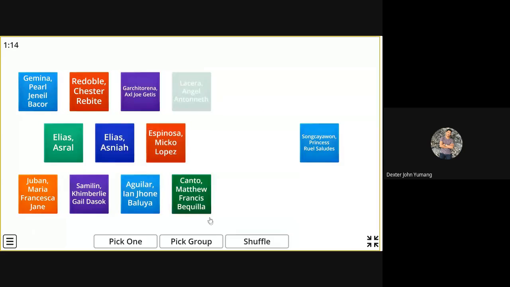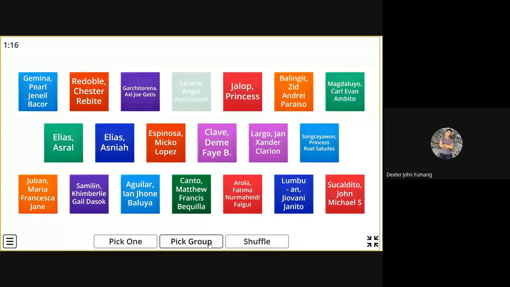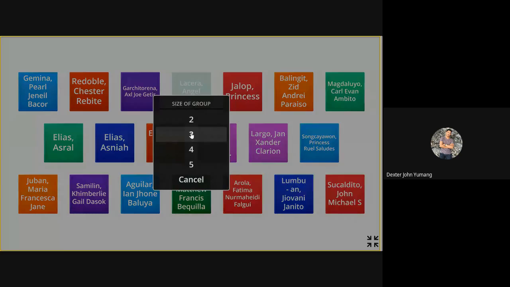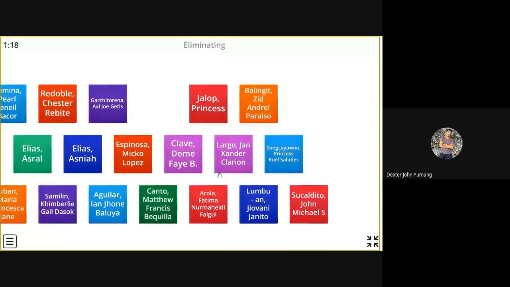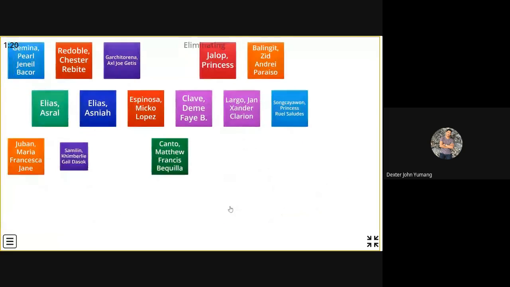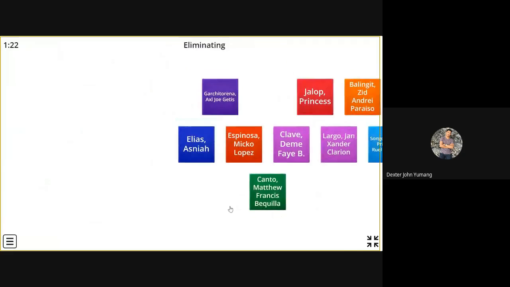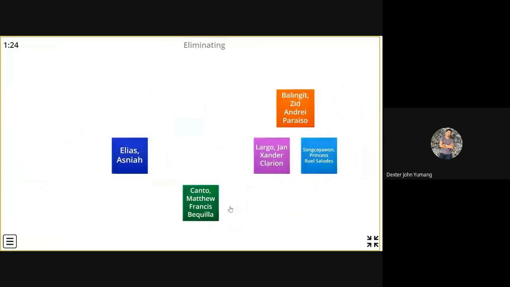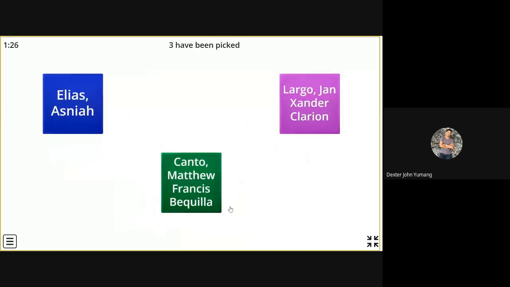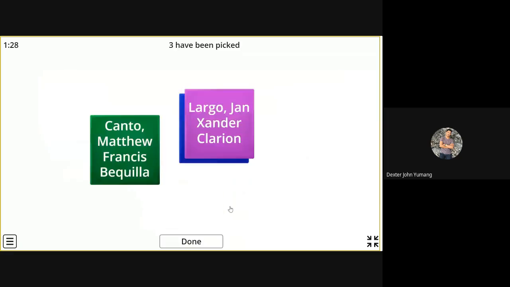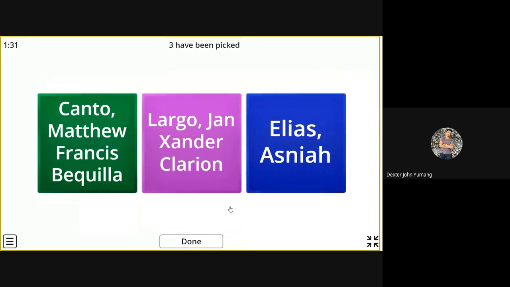So, let's pick a group again. We have the group of 3. Okay, Largo, Kanto, and Asnia. So, ready?